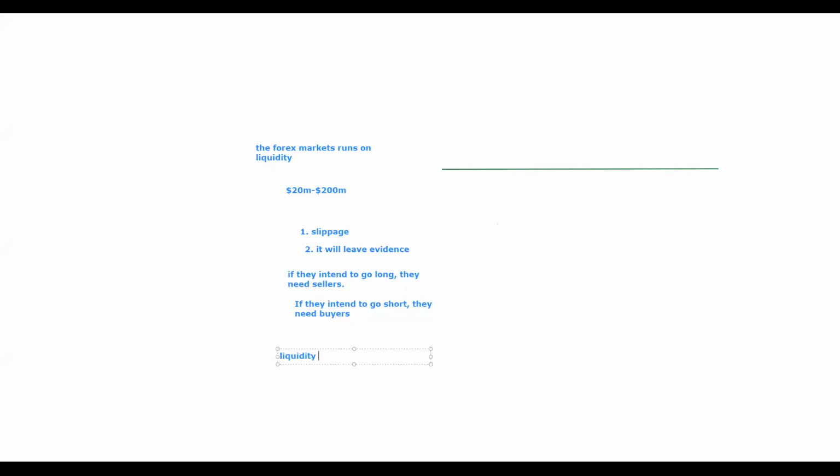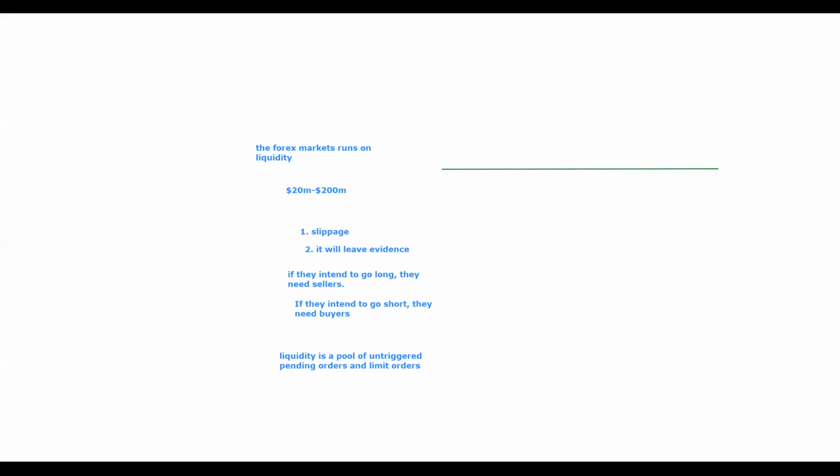Liquidity is a pool of triggered pending orders and limit orders.